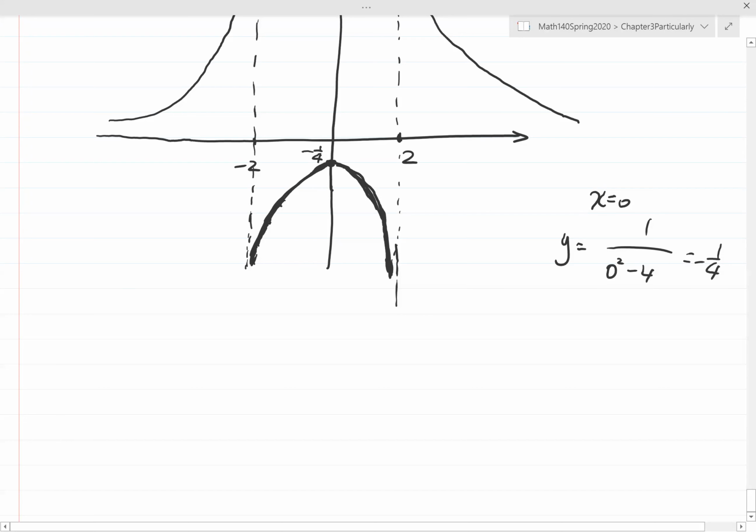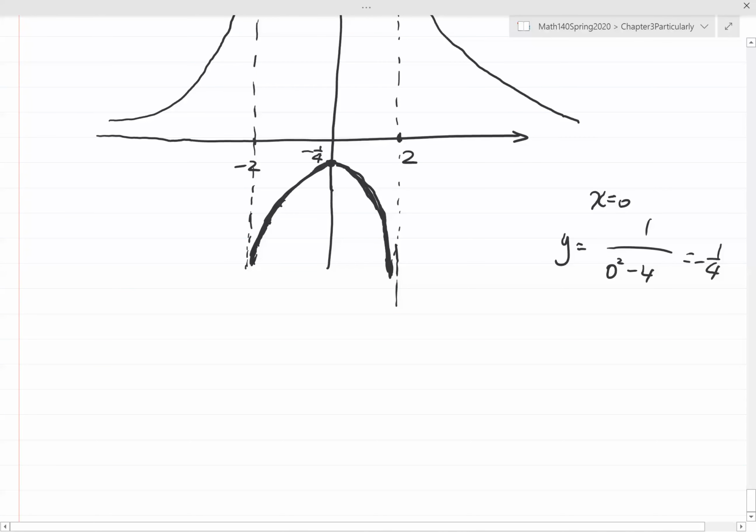Then find its concavity and increasing and decreasing intervals. Then find its horizontal and vertical asymptotes, and also the x and y intercepts if they exist, and combine all this information together and then plot.